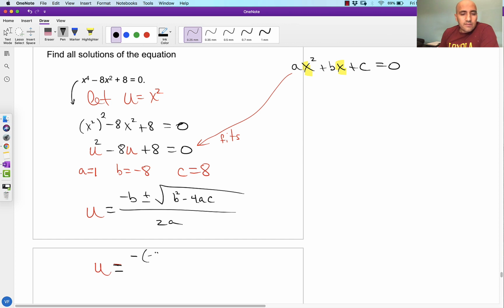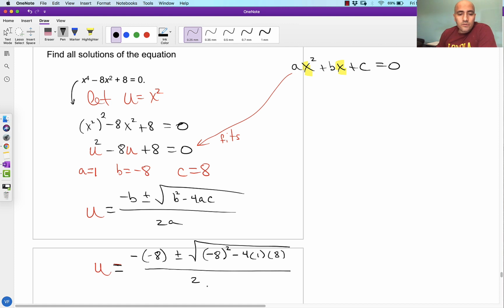So I'll have this -8, plus or minus the square root of -8 squared minus 4 times 1 times 8, all over 2 times a, which is a 1.